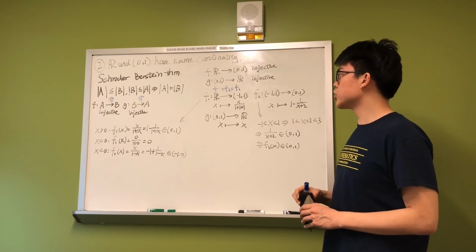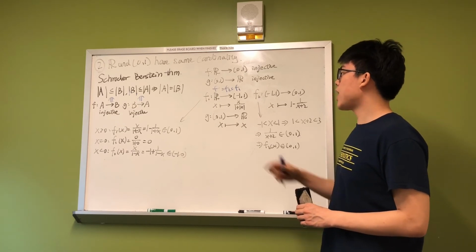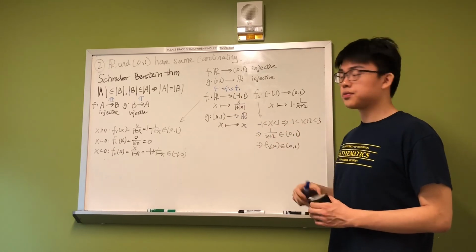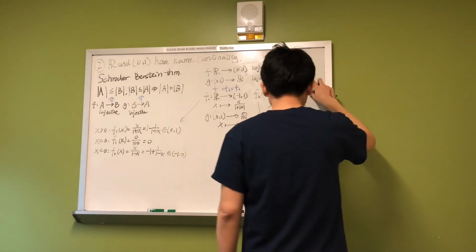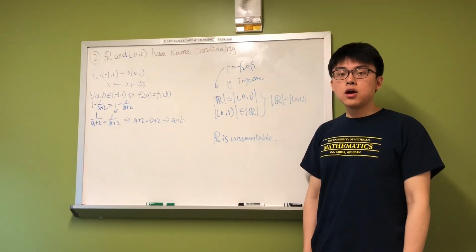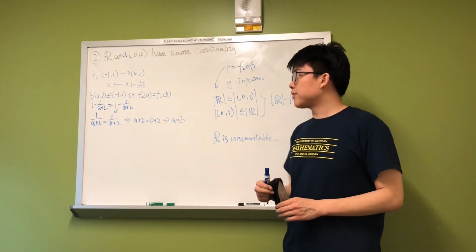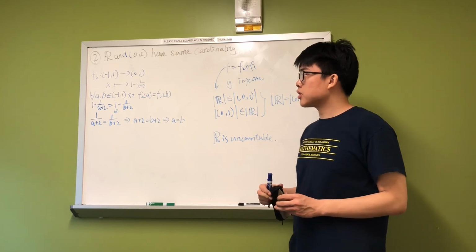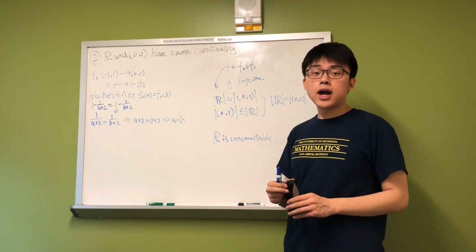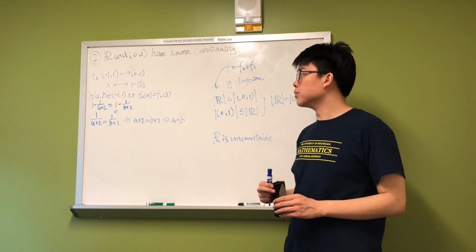And then we want to show that f1 and f2 are injective, so f is also injective. Okay, then I want to show that function f2 is injective. By definition, for any a and b in the open set (-1,1) such that f2(a) equals f2(b), I have 1 minus 1 over (a plus 2) equals 1 minus 1 over (b plus 2).